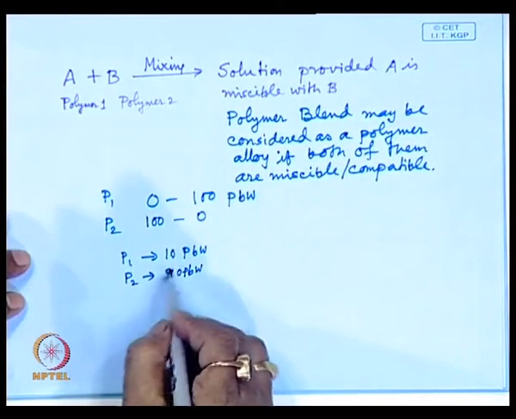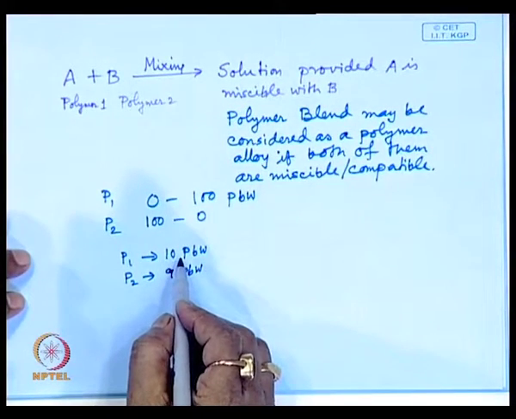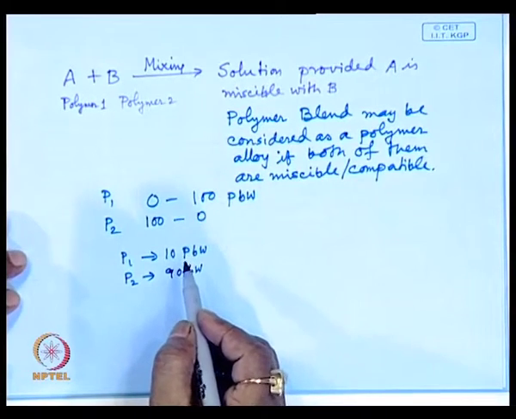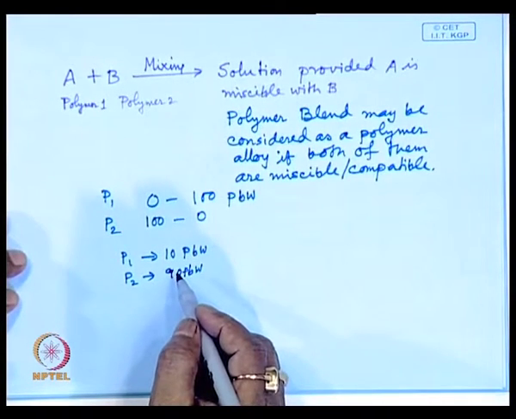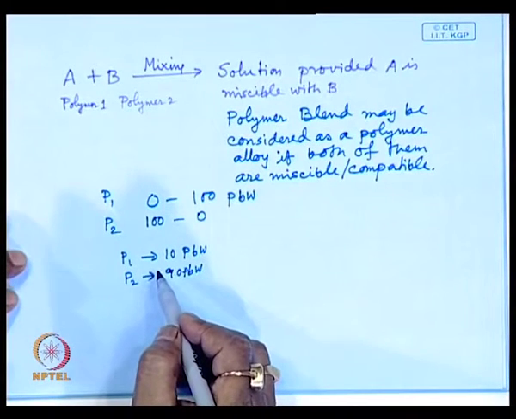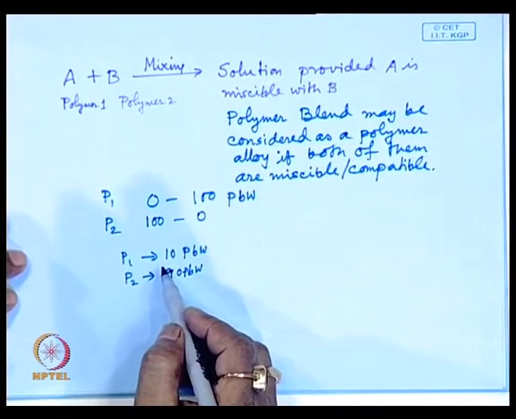Beyond 10 parts of P1, it will separate into phases. That will be a two phase system. That means some new phase boundaries will be created, one phase of polymer 1 and another phase of polymer 2. That is, beyond this 10% of P1 it is not miscible. So, we can say it is an immiscible blend.